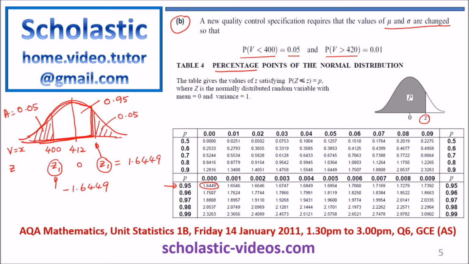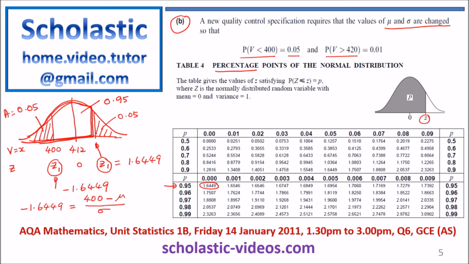So which gives us the condition that we can find out the value of Z1, because we know Z1 is equal to x minus mu, divided by sigma. Mu is unknown and sigma down here.